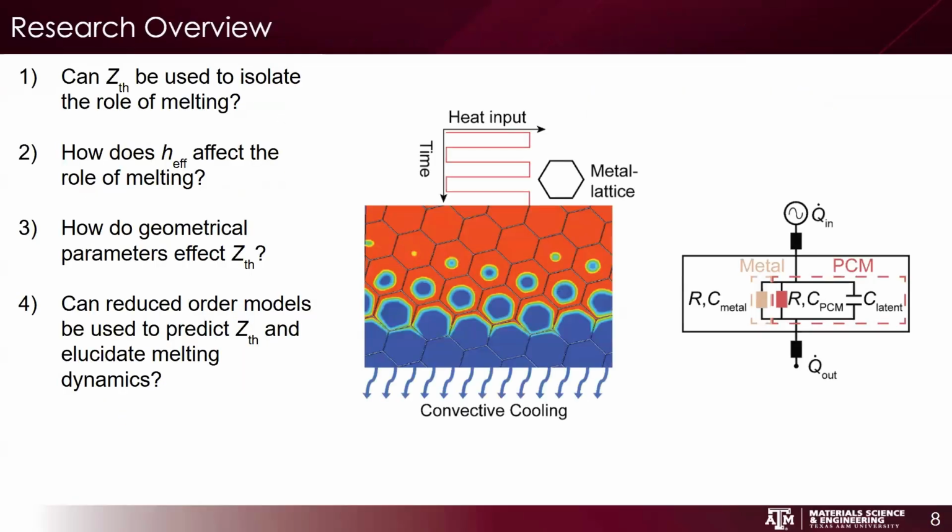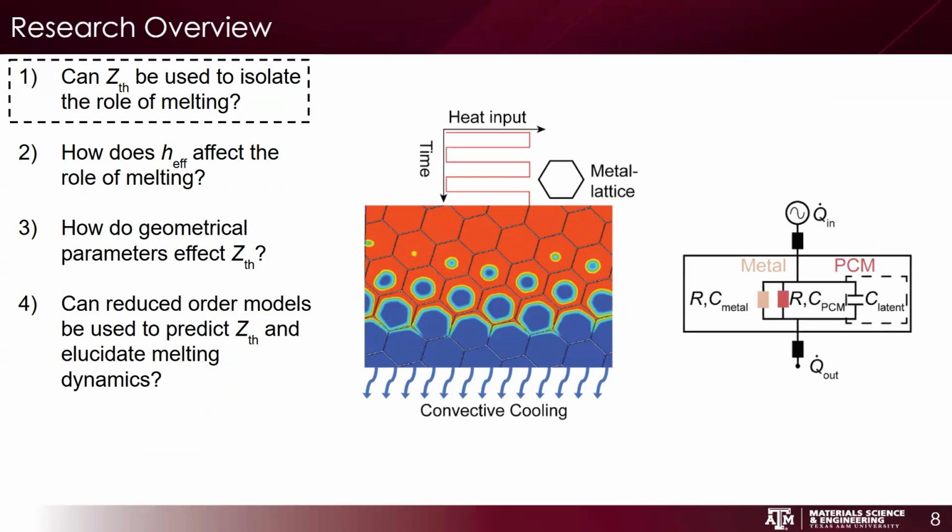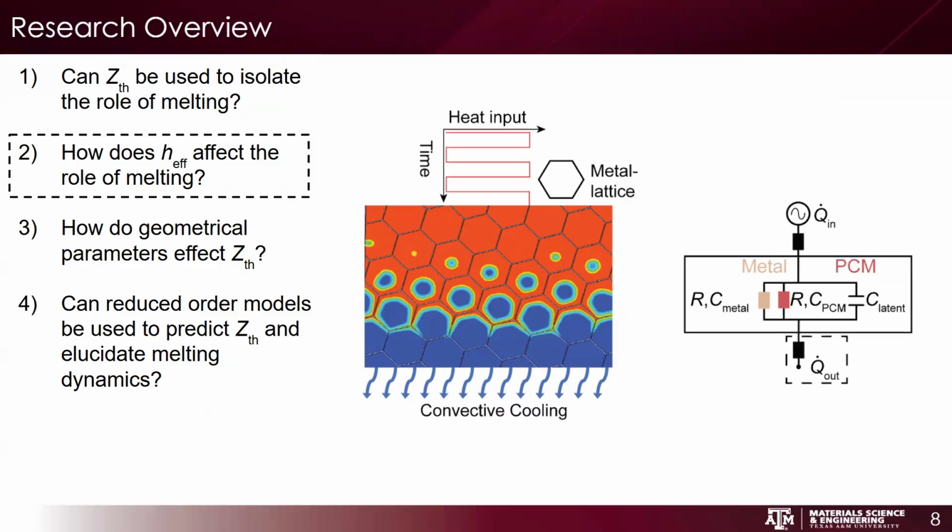The research overview that we'll look at will have four thrusts. The first thrust is, can we use thermal impedance to isolate this role of melting within these phase change composites? Next, we'll look at how heat transfer coefficient affects the role of melting within the composites, specifically how much energy you're taking out of the system.